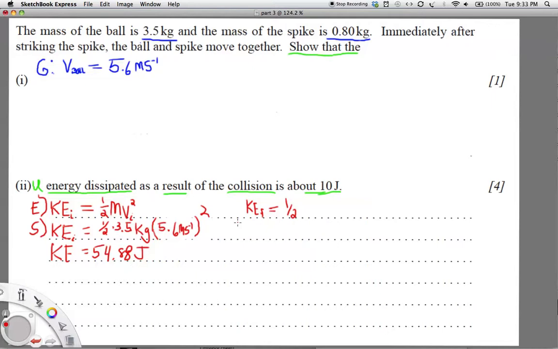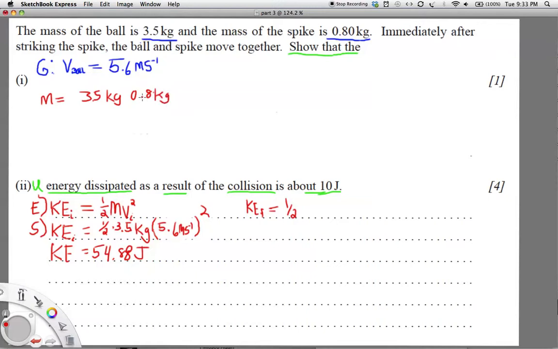The kinetic energy final is equal to 1/2 times my mass. Well, what's my mass? I need to figure that out. My final mass is equal to 3.5 kilograms plus 0.8 kilograms.